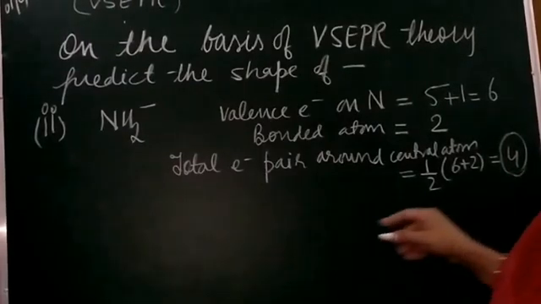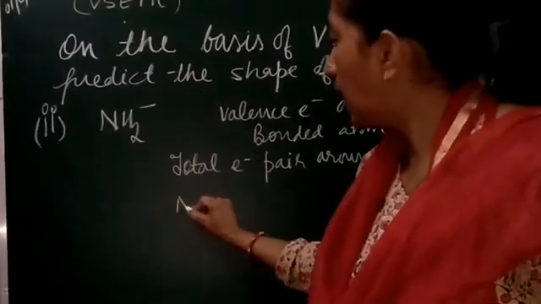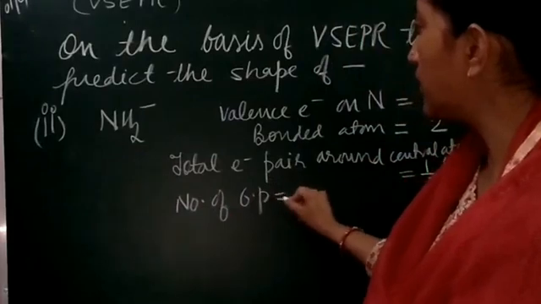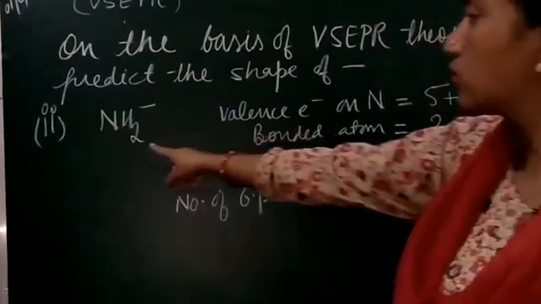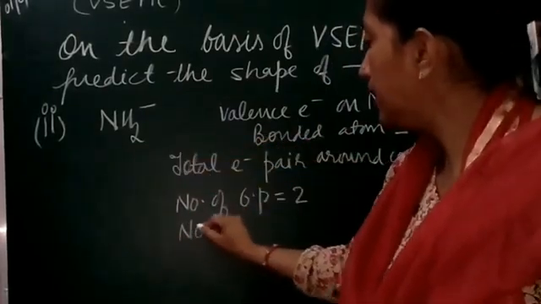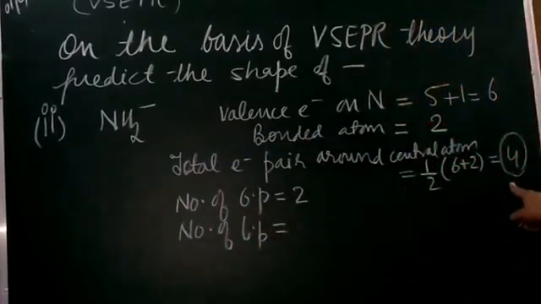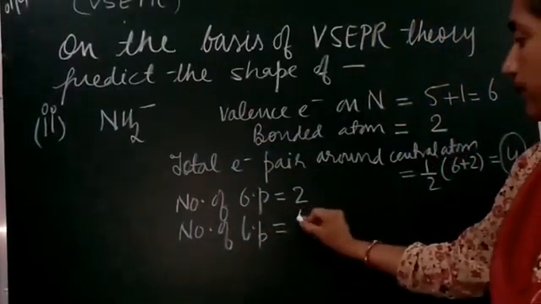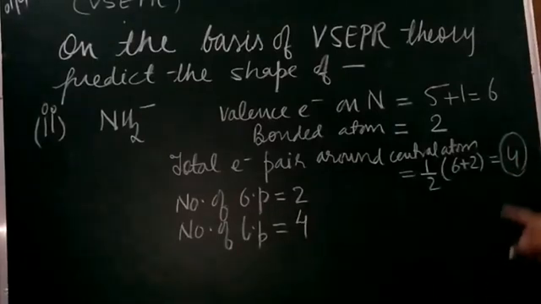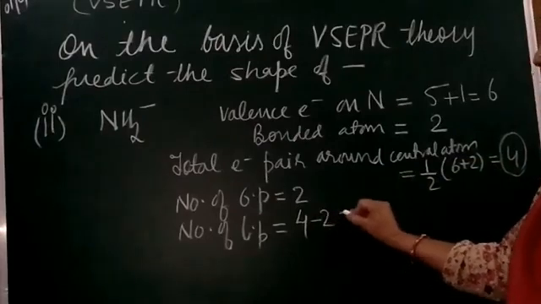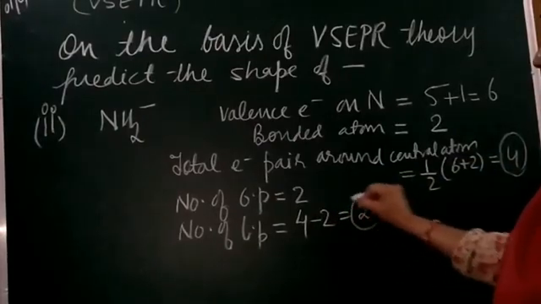Now students, if it is 4 electron pairs, the regular geometry is tetrahedral. But here we have to find out how many lone pairs are also there. So the number of bond pairs is how much? It is 2. Bonded atoms, it is 2. And the number of lone pairs will be how much? Total electron pairs is 4, out of these, 2 are bond pairs, so we are getting 2 lone pairs, right students?